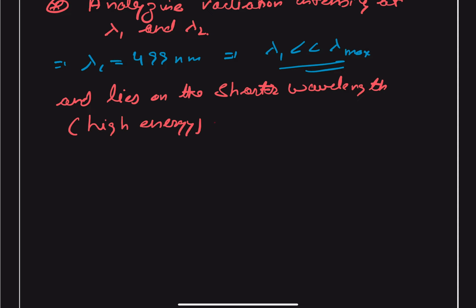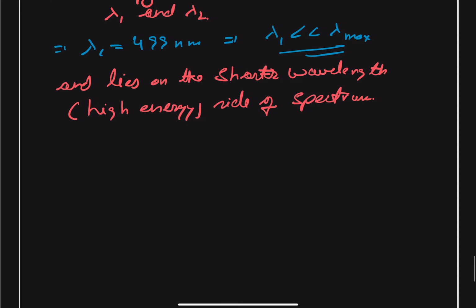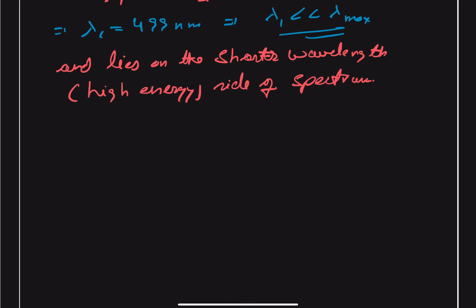So the intensity at wavelength lambda 1 for temperature T is less than the intensity at wavelength lambda max at temperature T.